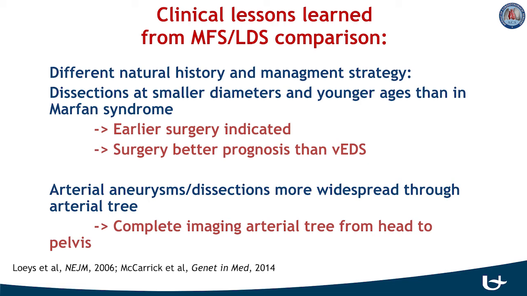Secondly, because the arterial aneurysms and dissections do not occur predominantly at the sinus of Valsalva, as in Marfan syndrome, but can happen throughout the arterial tree, a more complete imaging strategy with CT scan or MR scan of the arterial tree from head to pelvis is indicated.